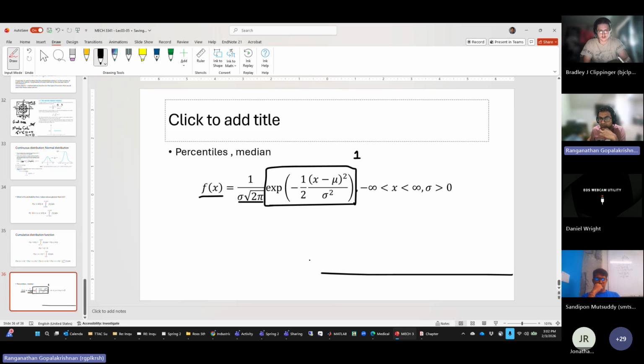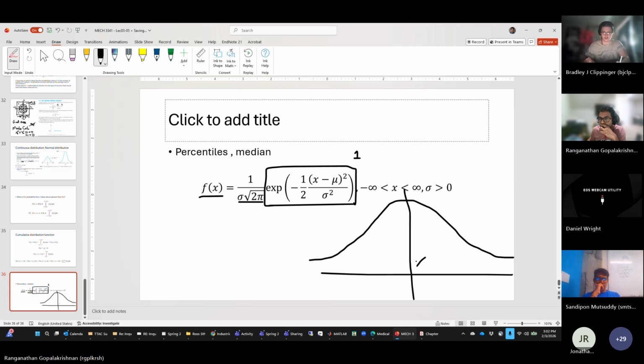So if I draw a curve, what's the location of this peak? Where is this peak going to occur? At x equal to mu. And at x equal to mu, this top value is going to be 1 over sigma times square root of 2 pi.